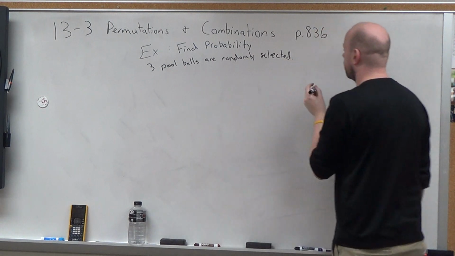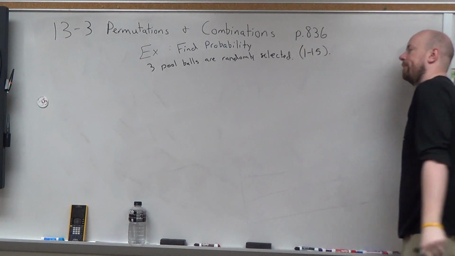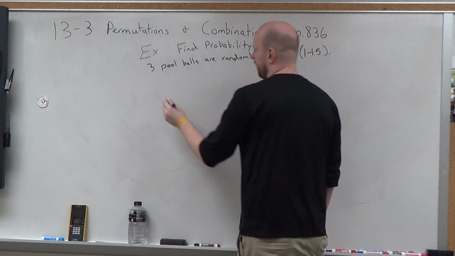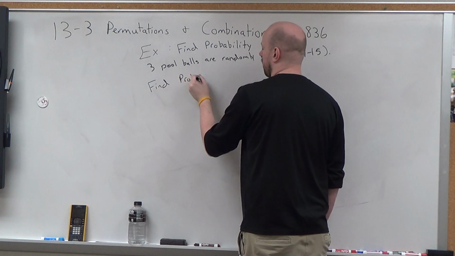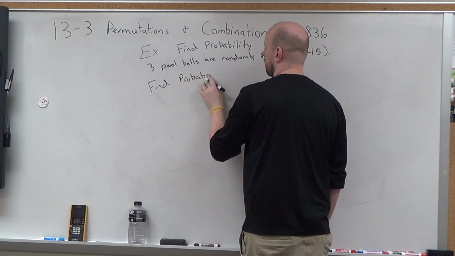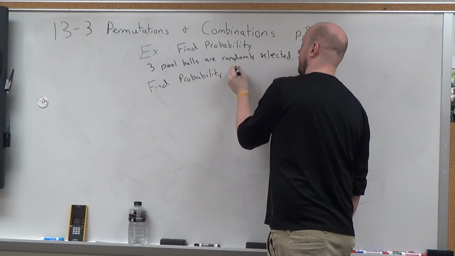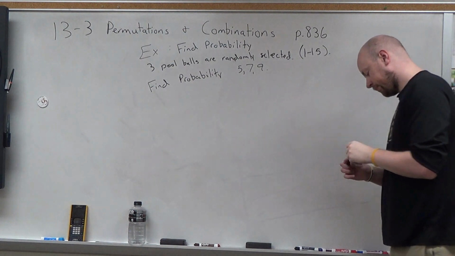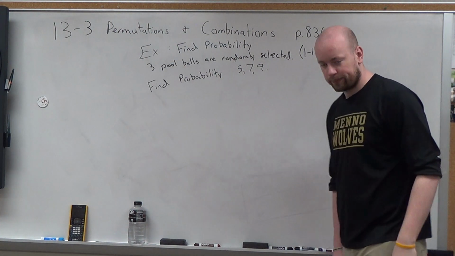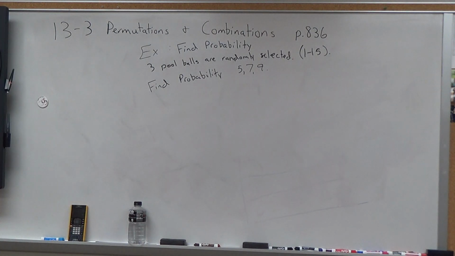You should note that the pool balls are numbered 1 through 15. We are not doing the cue ball. Find the probability that the numbers selected are 5, 7, and 9. So find the probability if we randomly selected 3, that would be 5, 7, and 9.